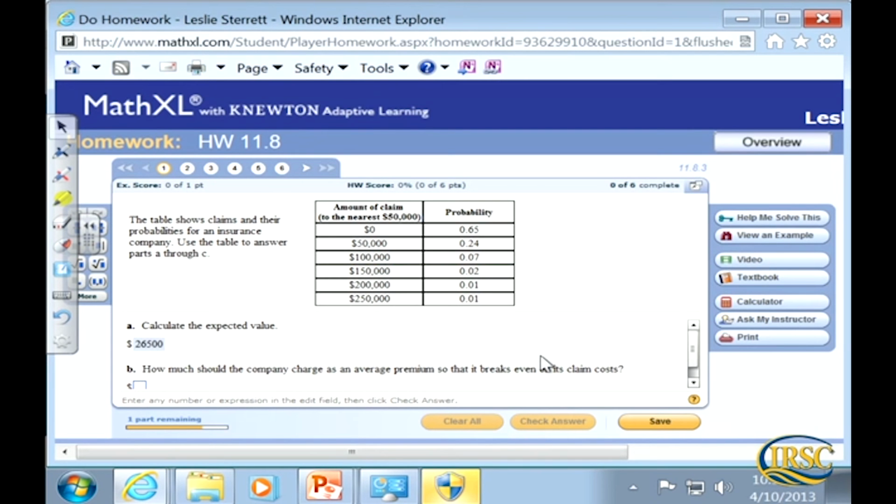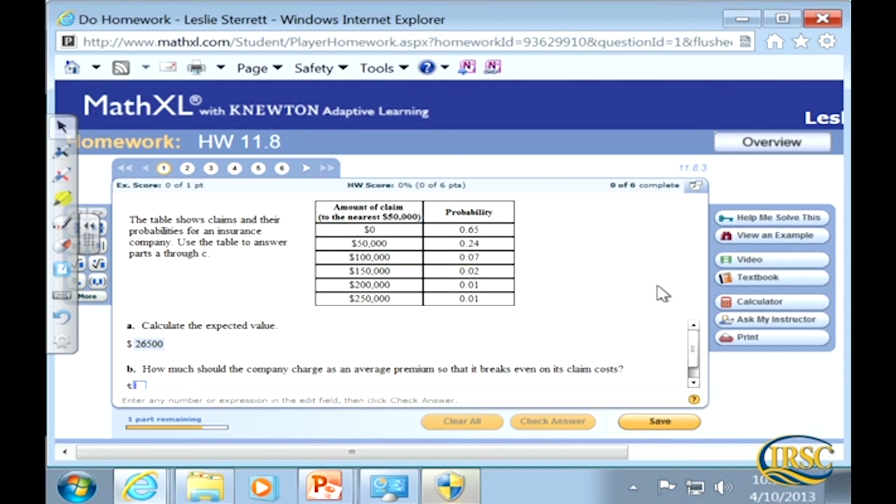Okay? So, if this is the case, how much should the company charge as an average premium so that it breaks even on its claim costs? The same amount as A is correct. Good. Because if this is about how much it's going to cost you per client over the long run, then if you take in that amount from each of your clients, then you'll make sure that you have everything covered.